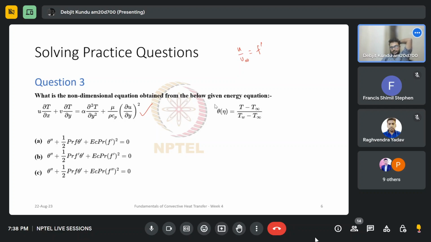The energy equation is given for a specific case which has the convective terms, the diffusive term, and the viscous dissipation term as well. So if I non-dimensionalize this entire equation, what kind of form can I get? There are three options given here. You have to pick any one of them.